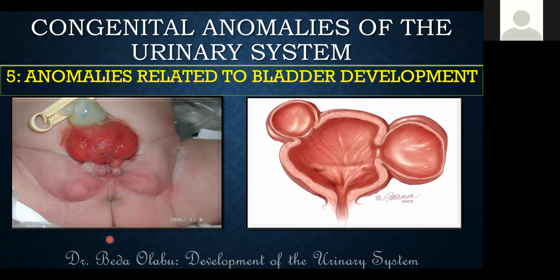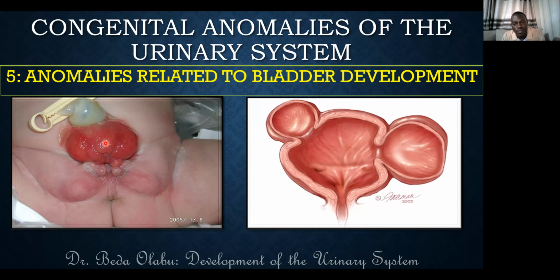I can't pick anything, Mwalimu. Okay, I can guide you. So this is the urinary bladder. Yes. The anterior wall of the urinary bladder is not there. So we are just seeing the mucosa of the posterior wall of the urinary bladder exposed.